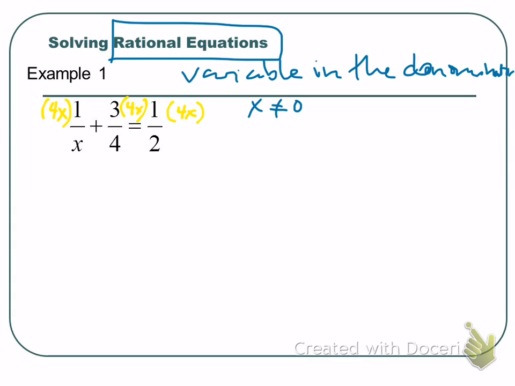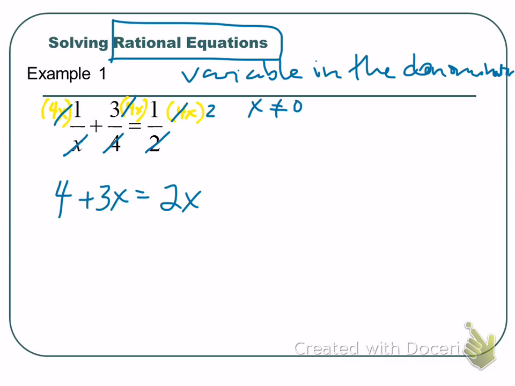All right, when we multiply by 4x, this x will cancel when we multiply that term, and 4 times 1 is 4. When we multiply the next term, the 4's cancel, and 3 times x is 3x, right? And when we multiply the next term, 2 goes into 4 twice, and we're left with 1 times x times 2, which is 2x.